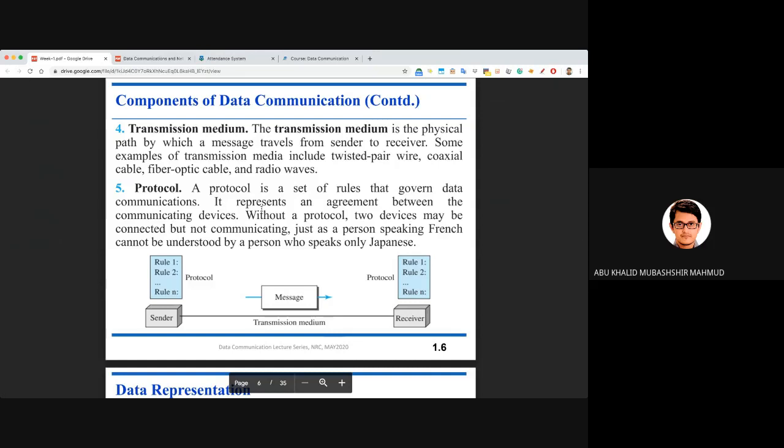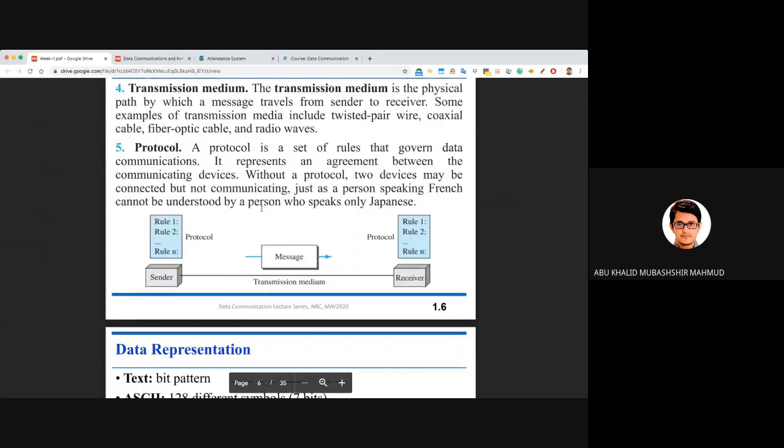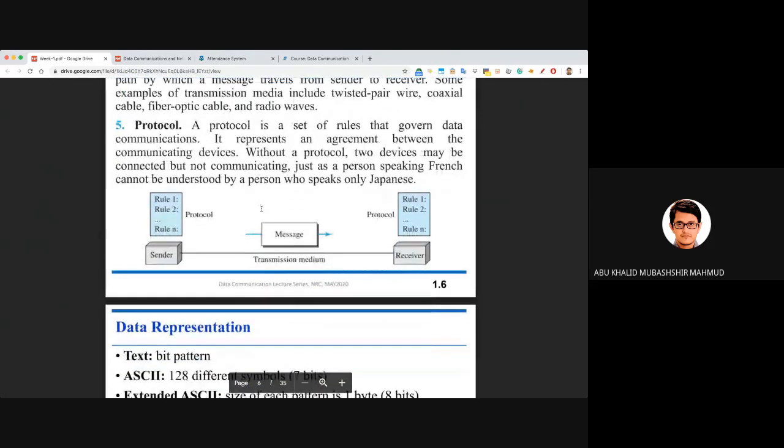We use broadband internet or mobile internet, but the medium is the internet, right? We can use cable, which is a sort of physical medium. Twisted pair cable, coaxial cable, fiber optic cable is very common nowadays. These are a few examples.